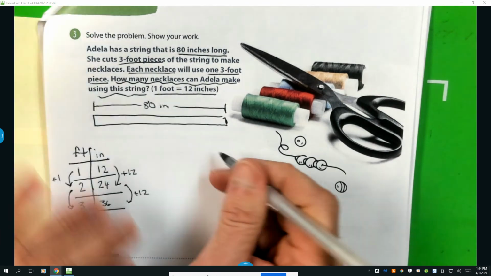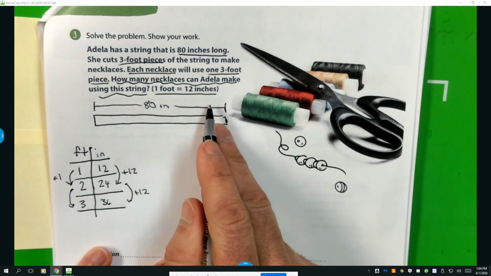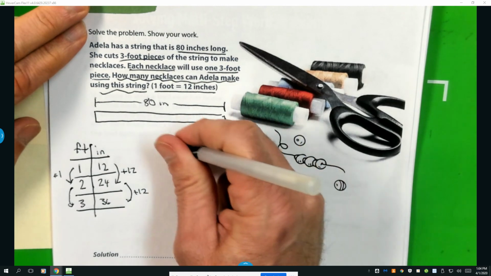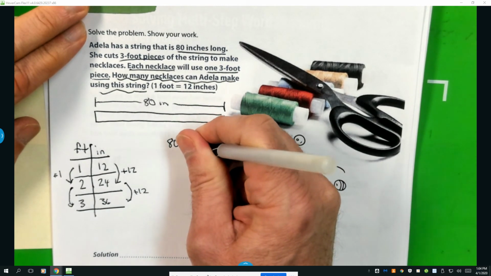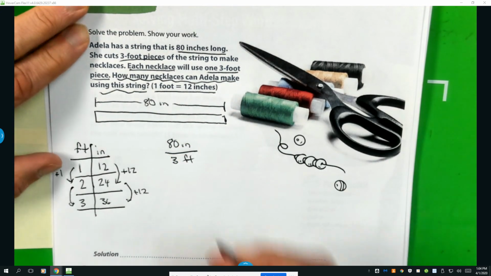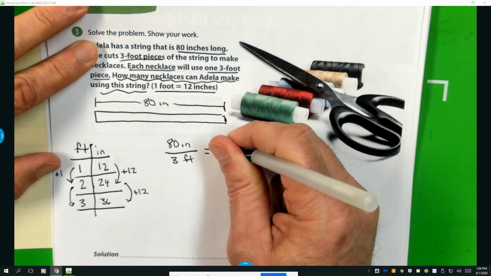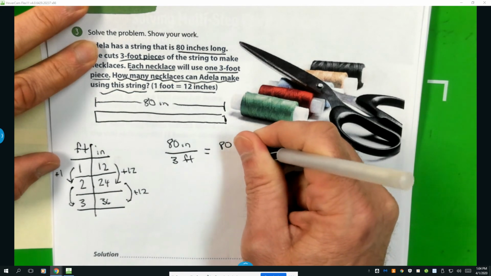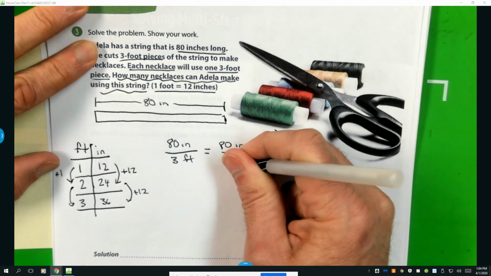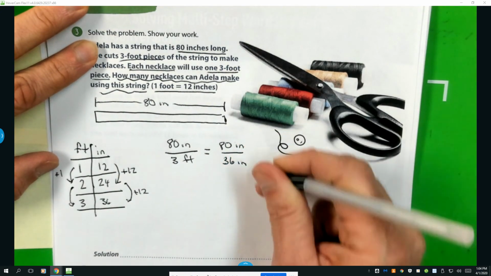So what we should probably be thinking then is, originally this was 80 inches divided by 3 feet. Well, that's the same as saying 80 inches divided by 36-inch pieces.